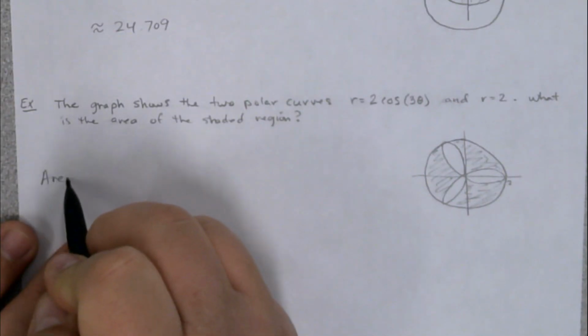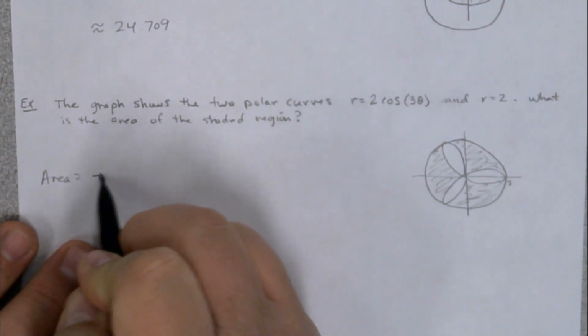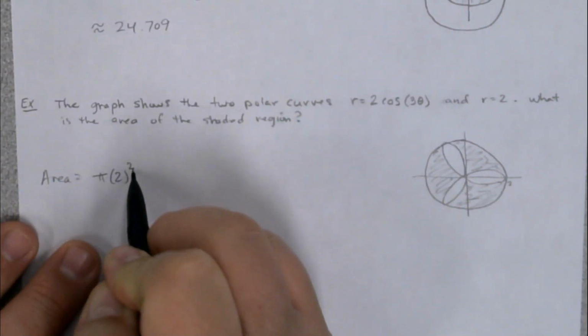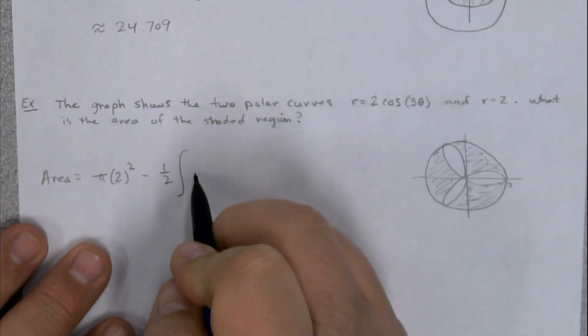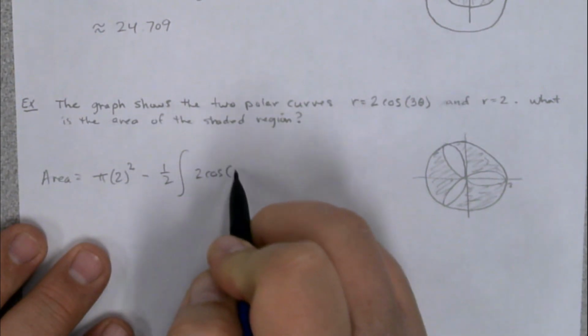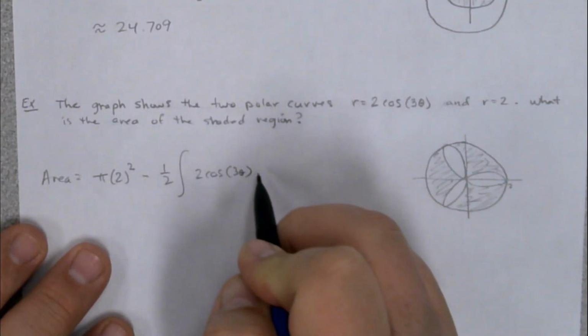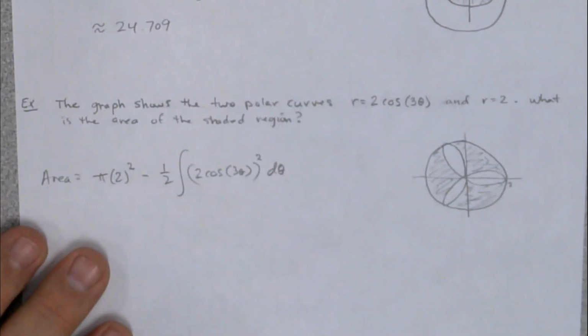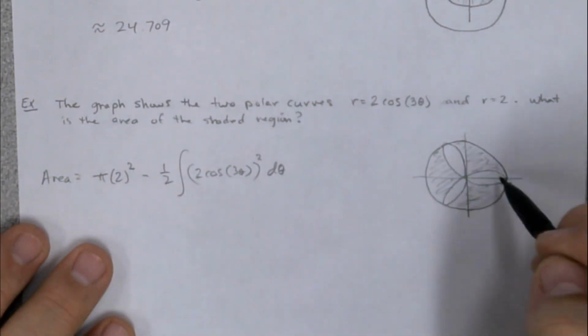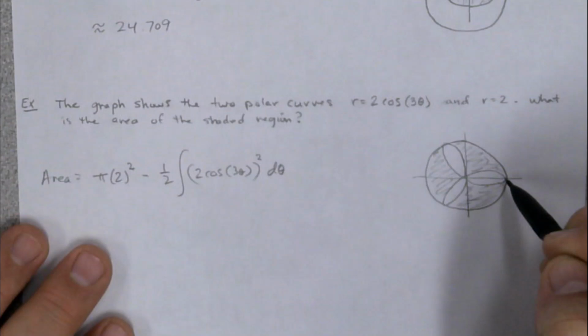So my area is the area of the circle, pi r squared, minus the area of the rose curve, which is 1/2 integral of 2 cosine of 3 theta, squared, d theta. So how do I generate this rose curve? What are the angle measurements that create the whole thing?